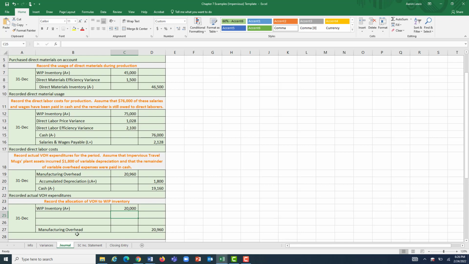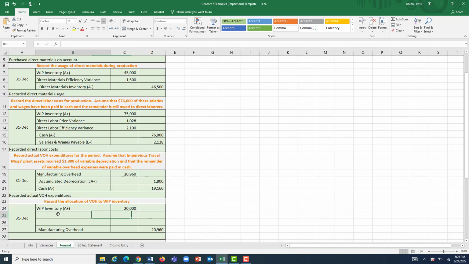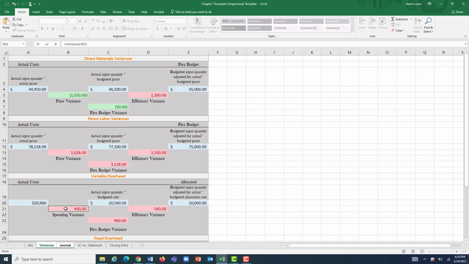And the reason for that is we have two variances for variable overhead. We had an unfavorable $400 variable overhead spending variance. Unfavorable variances get debited. So we're going to have VOH spending variance as our first debit, and that's going to be for the amount that we calculated in our calculations, which was $400.